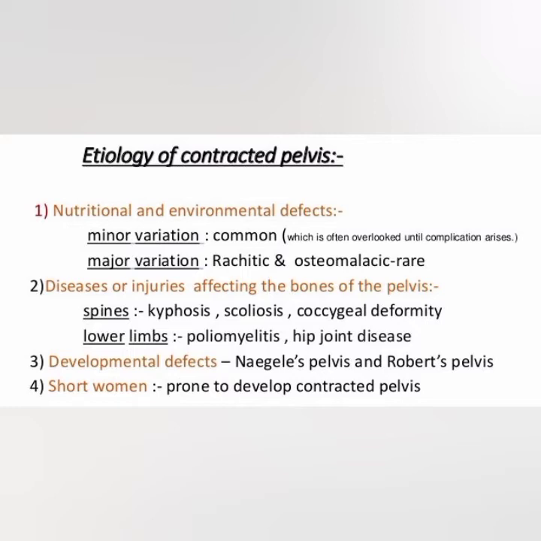Then disease or injuries affecting the bones of the pelvis, it can affect our spine and may lead to kyphosis, scoliosis, coccygeal deformities. It can also affect the lower limbs and may result in poliomyelitis, hip joint diseases. Some defects are developmental, like the Naegele's pelvis and Robert's pelvis. The short women, they are prone to develop contracted pelvis.